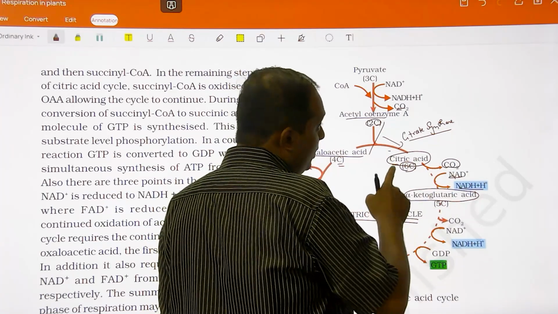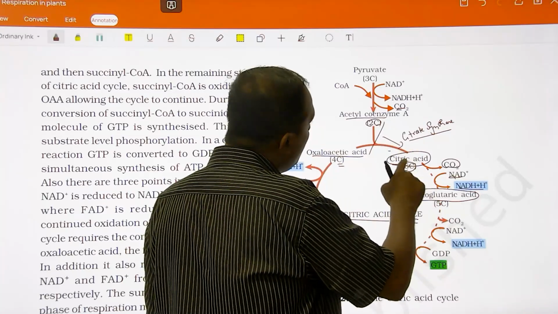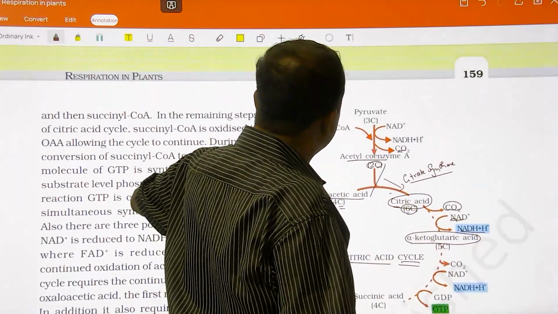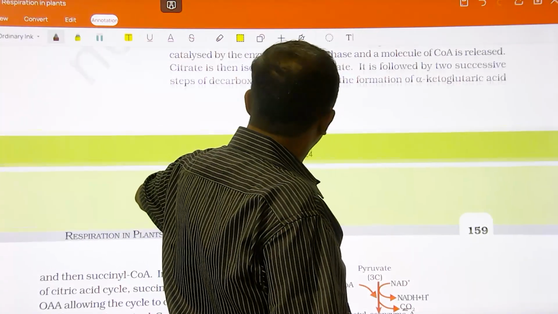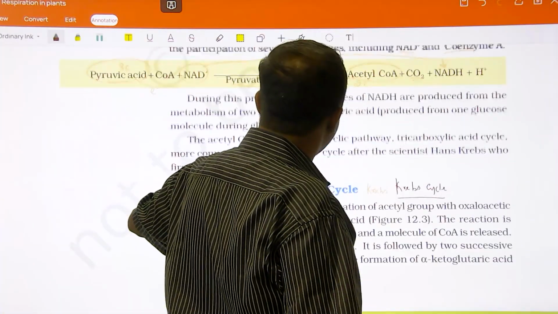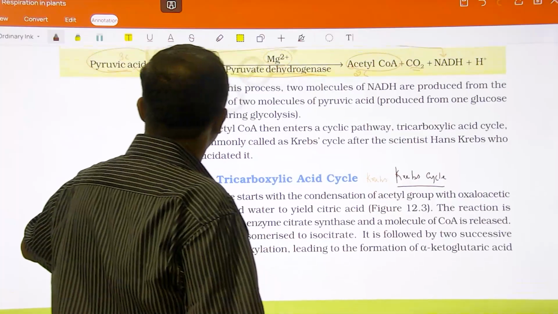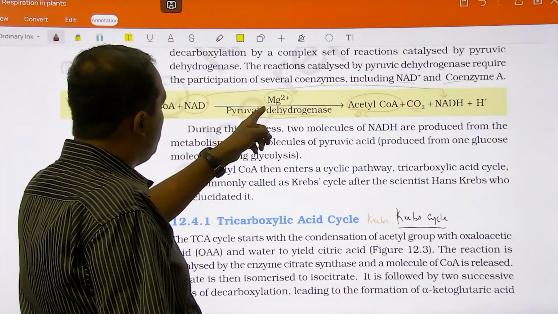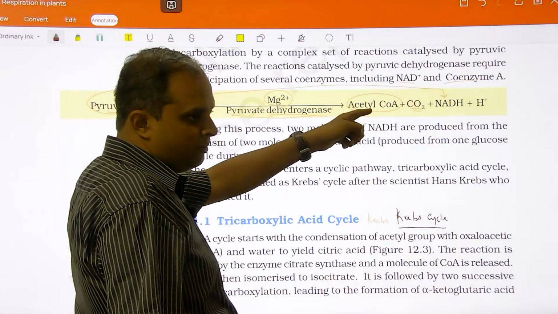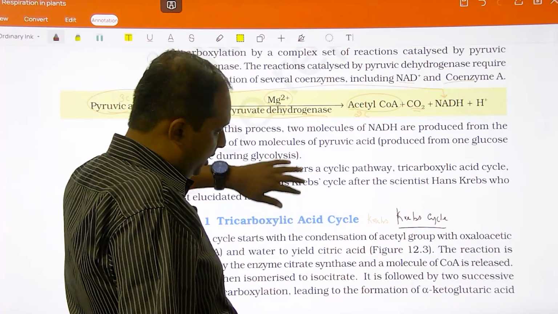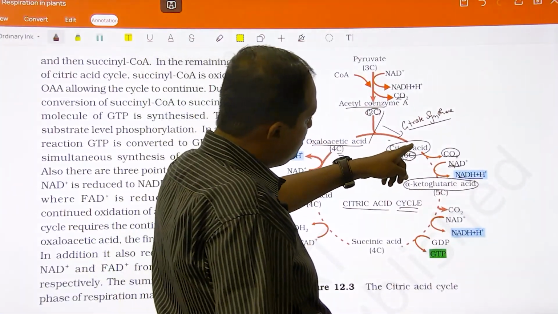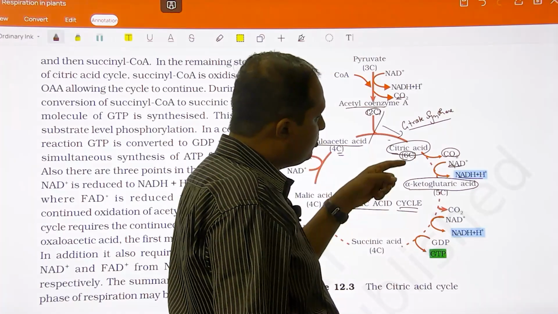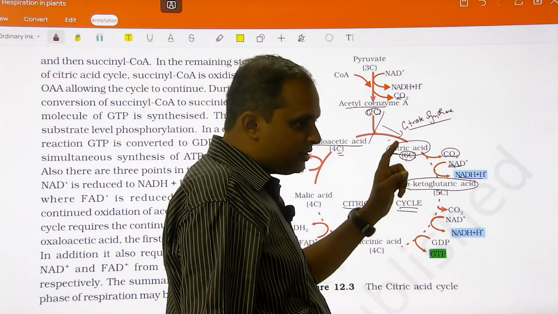So this is something like your link reaction. Here you can see that this citric acid is going to lose electrons, so it is getting oxidized.